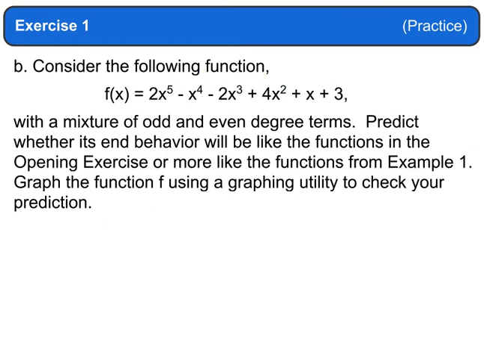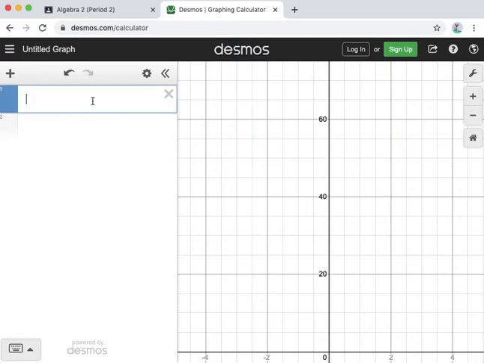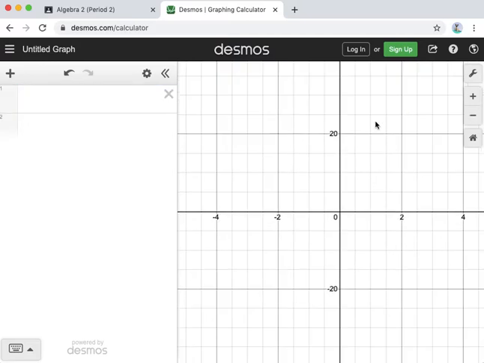So here in exercise 1 part B, same idea. Notice we have an x to the 5th. That's an odd value. So in our prediction, I'm going to predict that we're going to get an odd style function, something that's going to kind of go like this. Well, maybe not perfect, something in that idea. So now that we made our prediction, we're going to graph, and let's see what happens, right?